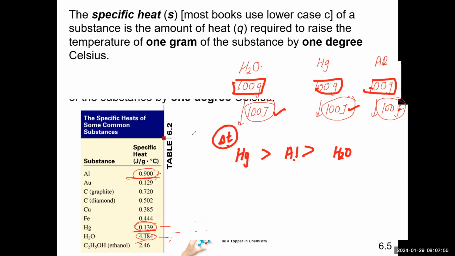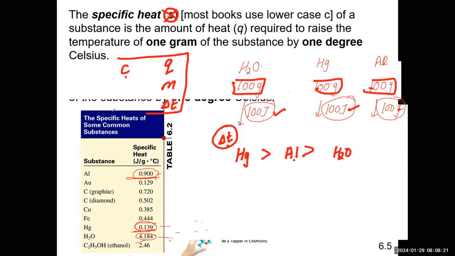Okay. Now, according to the definition of specific heat capacity, which generally we write as small c, it is the amount of heat needed to raise the temperature of 1 gram. So mass is there, Q is there, c is there, to raise the temperature, so delta T is there.